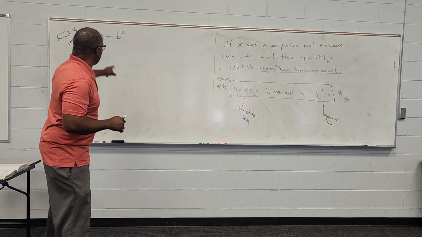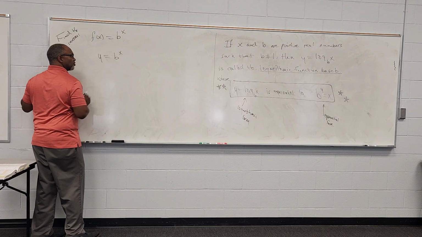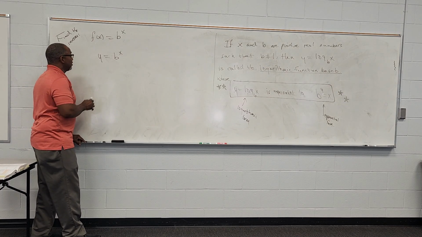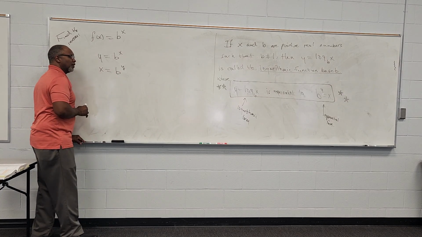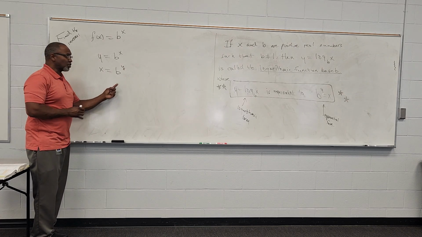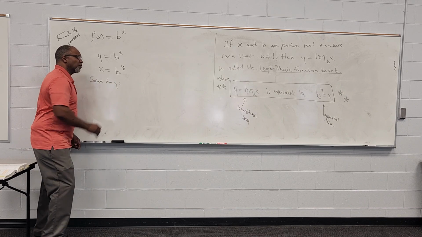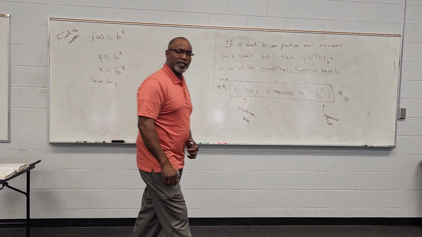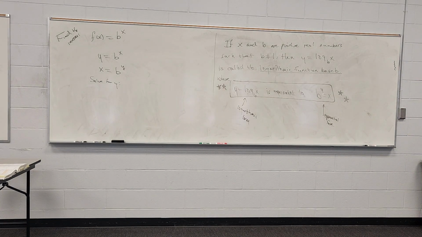The first thing was to rewrite f of x as y. Y equals b to the x. The next step, we would interchange the x and the y. So x equals b to the y. And the next step, we had to solve for y. That was the next step in that four or five step process for finding an inverse. You replace f of x with y, you interchange x and y, and then you solve for y, right?